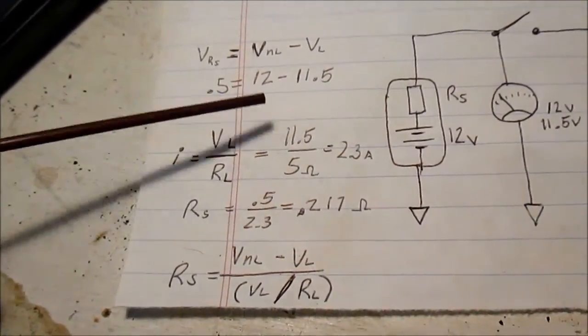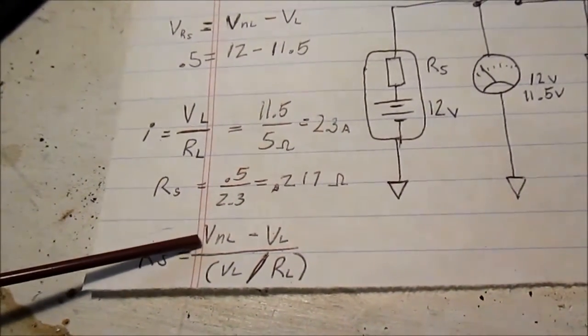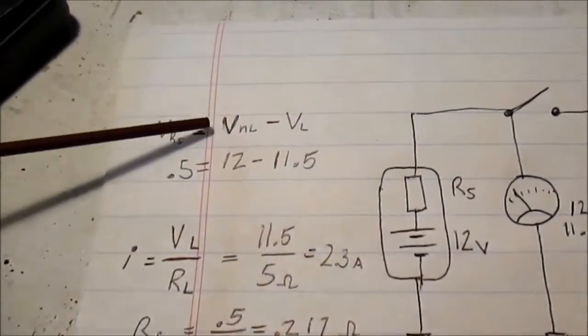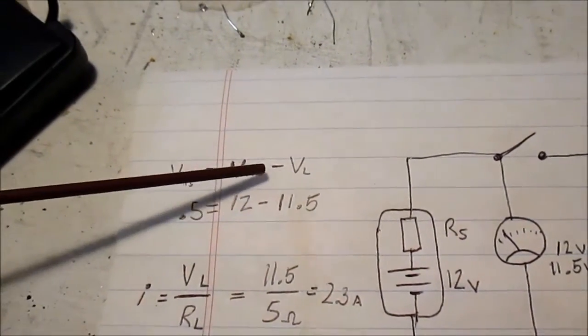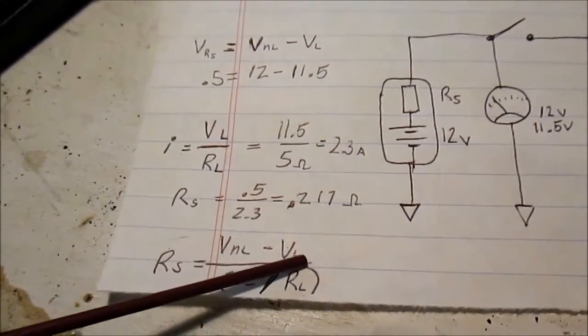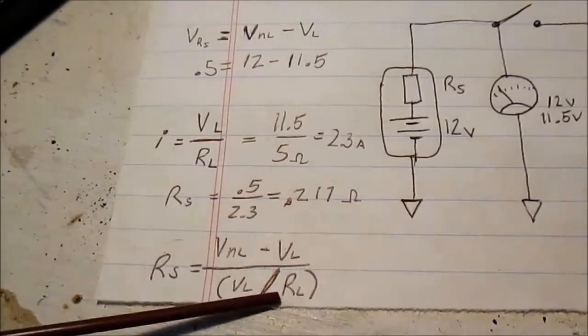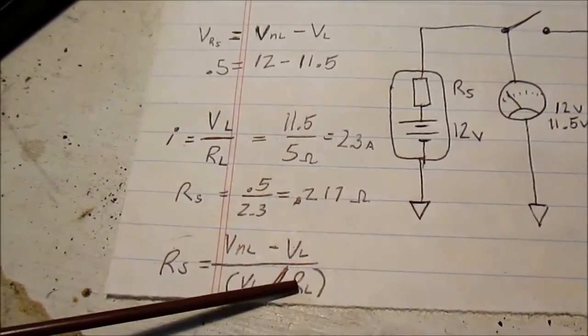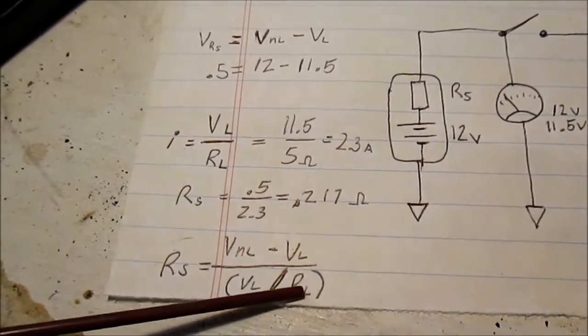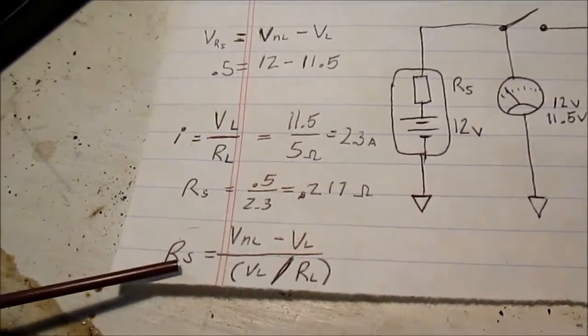So what we did here is we solved it in steps, but you can also write it as a formula. I'm just taking the no load minus the loaded voltages, put them down here, and the equation, the loaded voltage divided by the load resistance, which is just an Ohm's law equation, put it down in the denominator, and that's the equation.